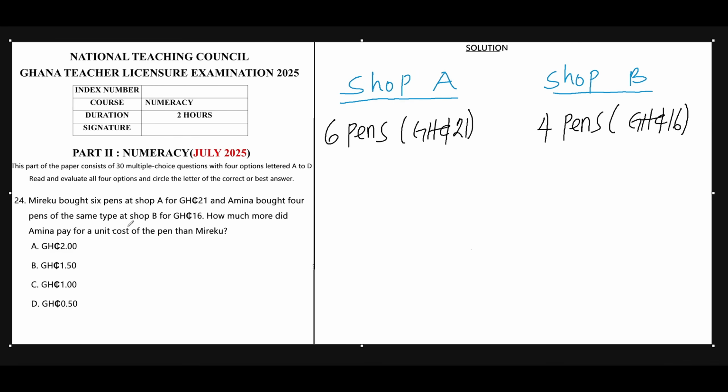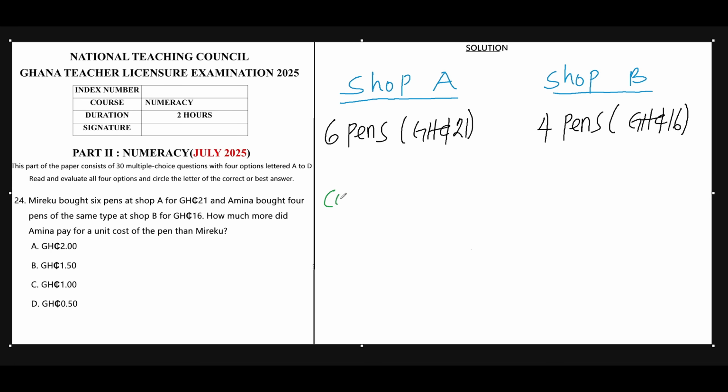So for the unit cost, we are looking at the cost of 1 pen in each of the shops. So they are saying that we have to find how much Amina paid more than Miracle in terms of the cost of a pen. So first of all, let's calculate the cost of a pen in each of the shops.